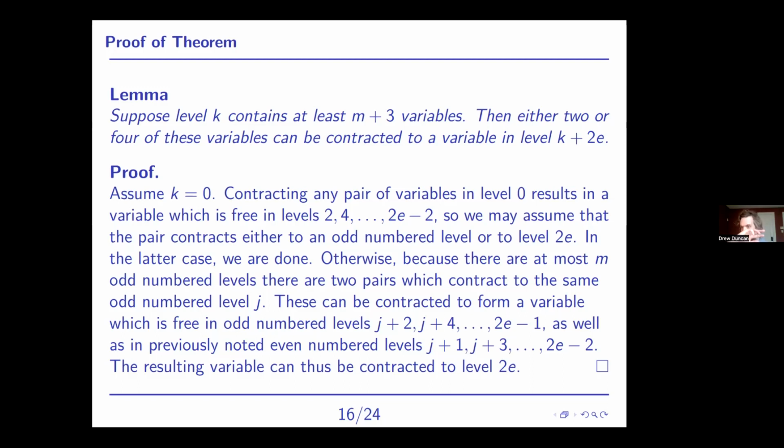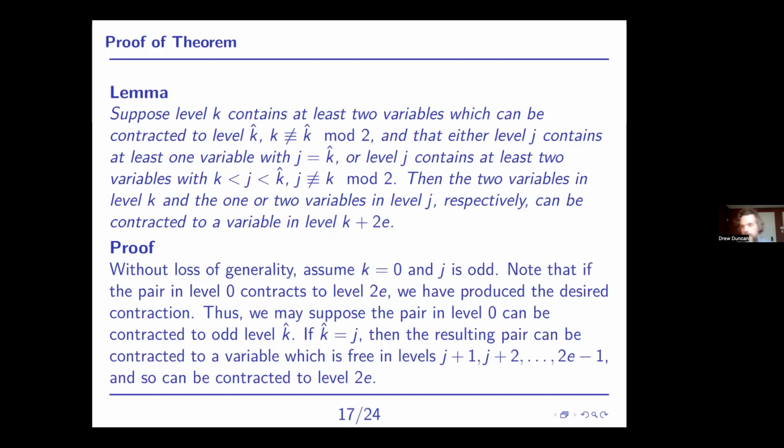Now we can perform another contraction in this odd level bin, and the free variables are the ones that are at an even offset from that one. So if we contract it to level j, that will be free in levels j plus 2, j plus 4, all the way up to 2e minus 1, and also free in j plus 1, j plus 3, all the way up to 2e minus 2, like before. And so the resulting variable can be contracted straight all the way up to level 2e, and we're done.